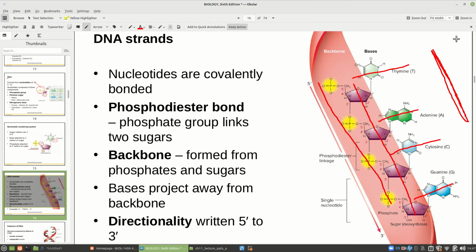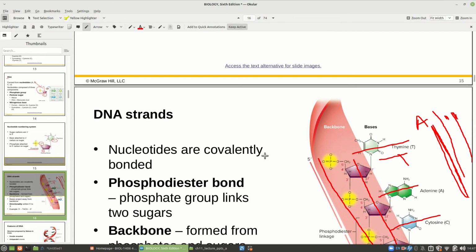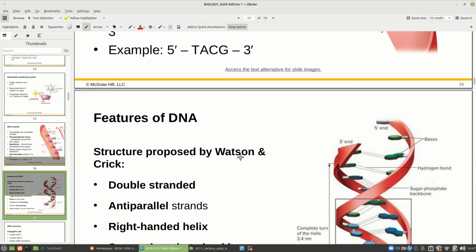You're going to have the phosphate, you're going to have the sugar, and then of course if it's going to line up over here, this is going to have to be an adenine, an A, because this is a T. So that's going to be what has to be there. But on the other side, you're going to get what? You're going to get the sugar and the phosphate. They're just going to be in reverse. So sugar here, phosphate on the outside. All right, and that's going to form your double helix.